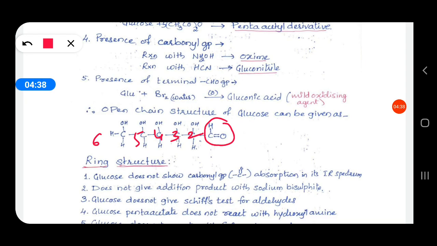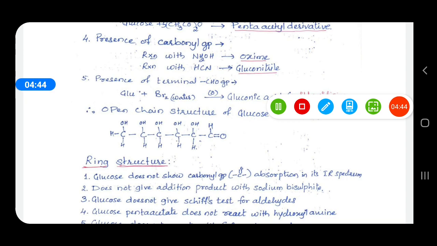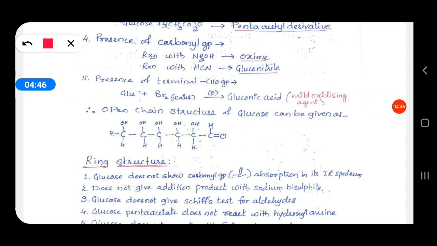The remaining valencies of the carbons are satisfied with hydrogen. As we see here, the second, third, fourth and fifth carbons, these 4 carbons, are asymmetric carbons.